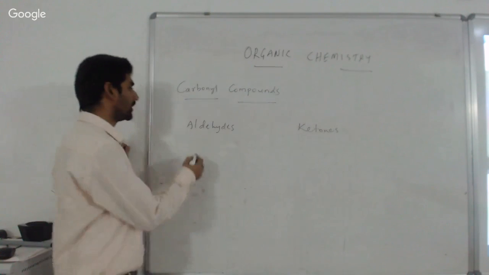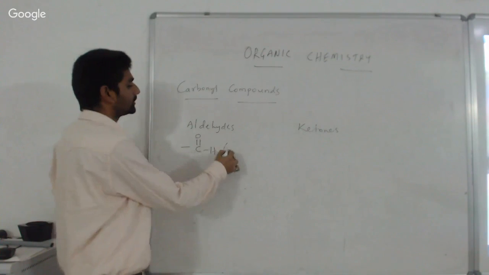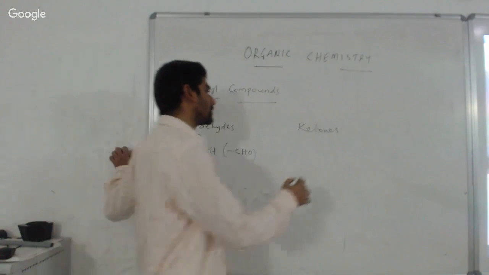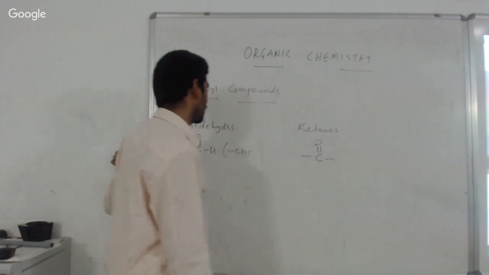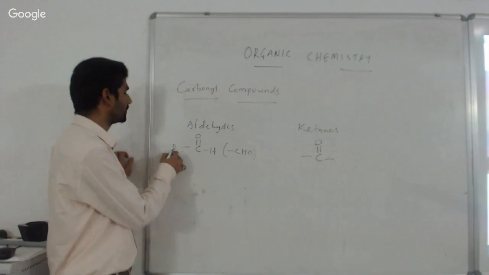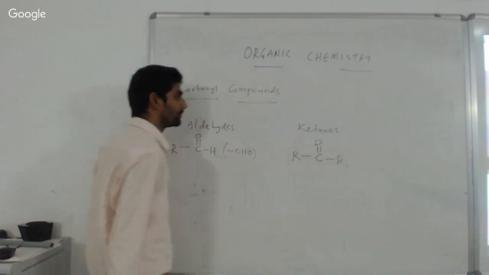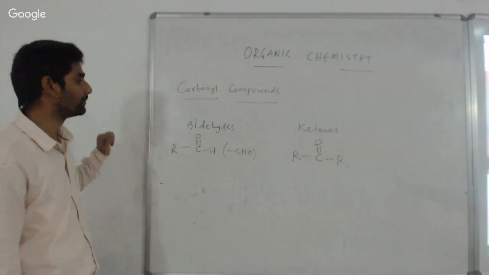The aldehyde functional group is CHO, that is C double bond O with H. The ketone functional group is C double bond O, where both sides have carbon. Aldehydes and ketones are called carbonyl compounds.